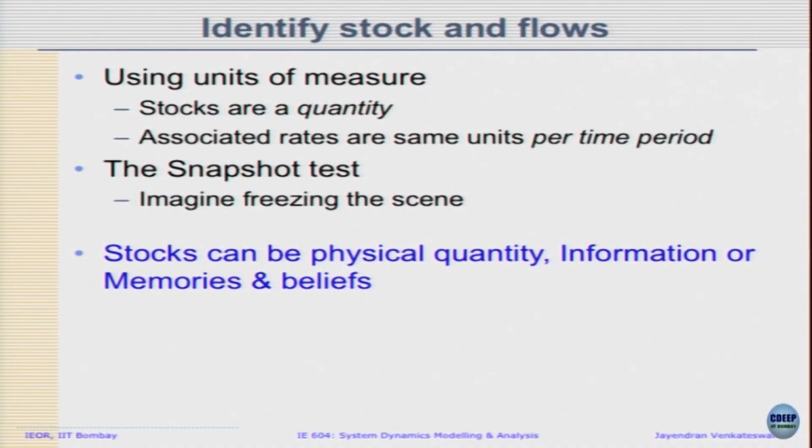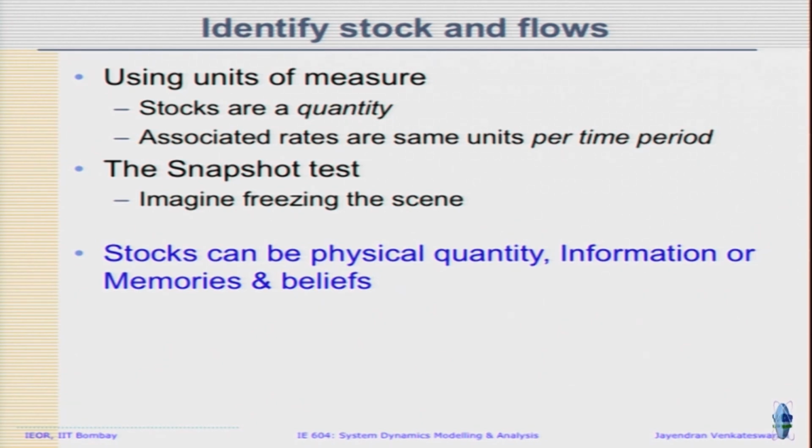Stocks can be physical quantities, information, or even memories and beliefs. So what is the expected orders per week? What is the expected price of onions? So we have some mental beliefs which are accumulated, and that also will be calculated as a stock.